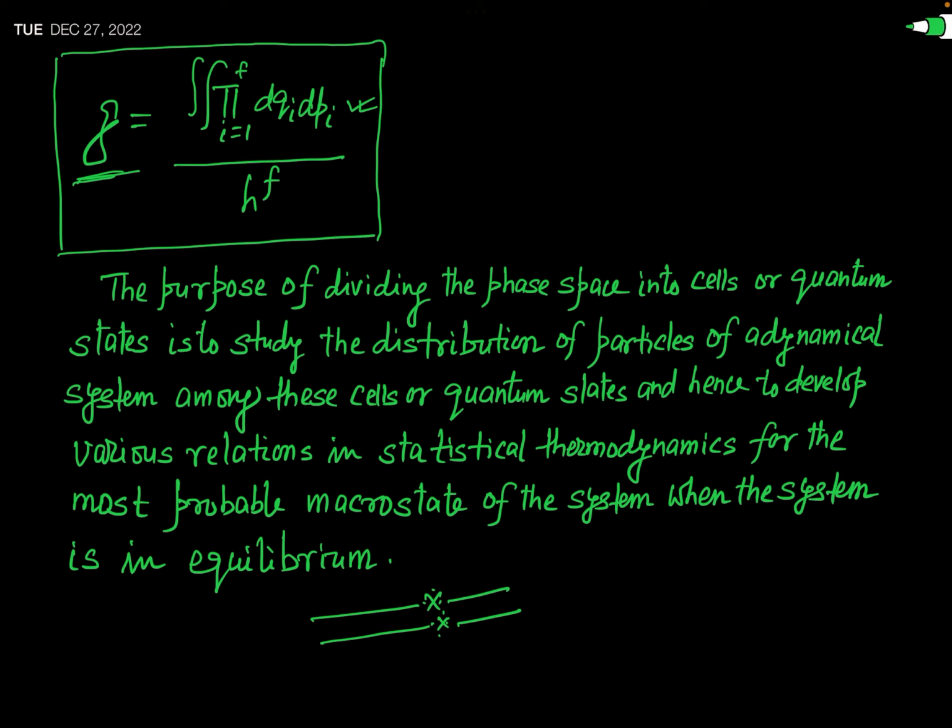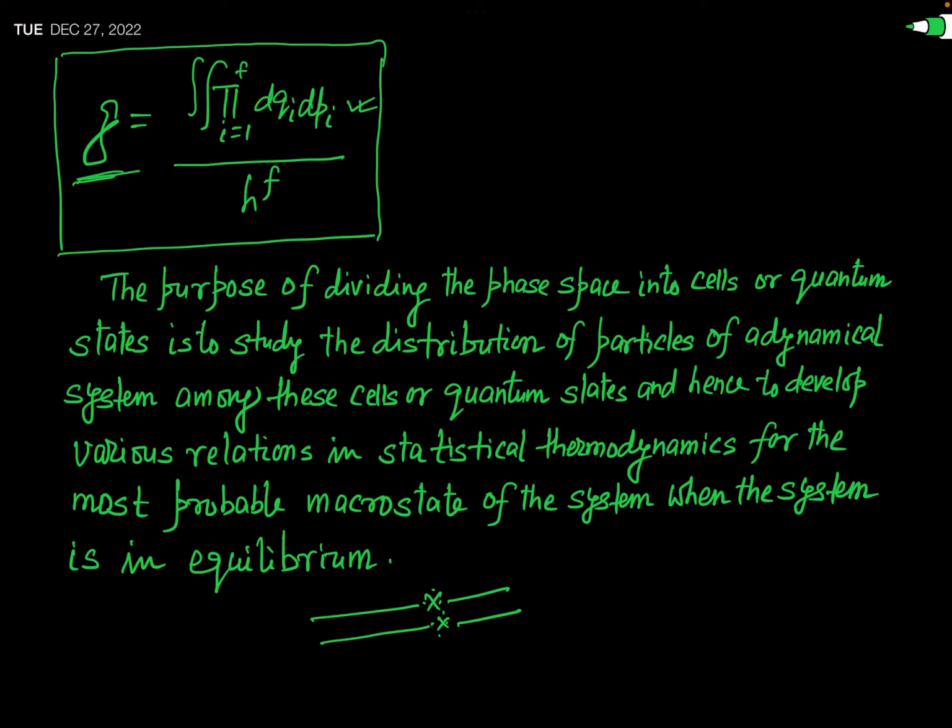You will see that to get the laws of distribution of particles, we will need to find this number of phase cells in the phase space, or the number of quantum states when we talk in terms of quantum statistics.